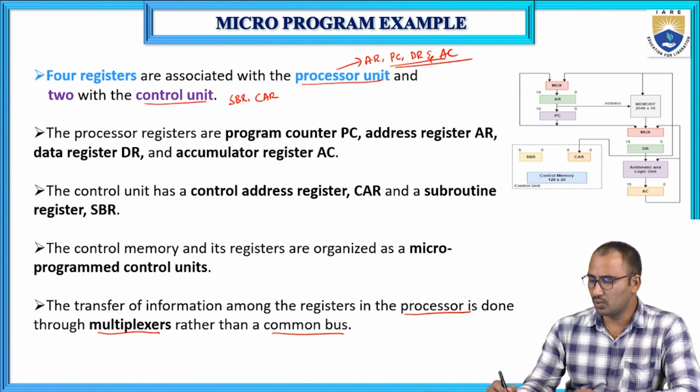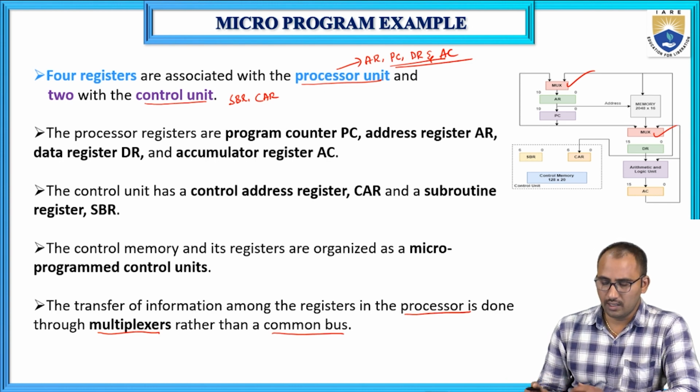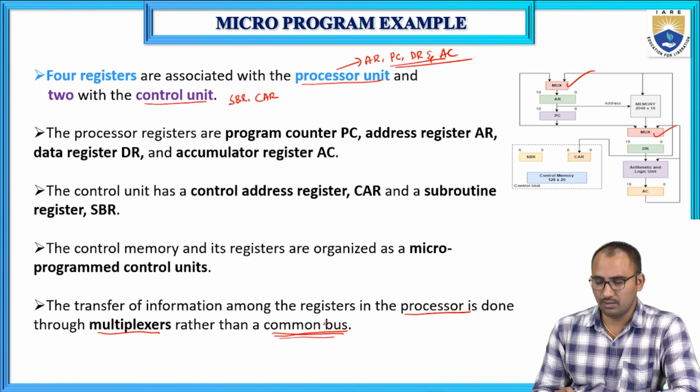We are using 2 types of multiplexer, this is one and this is 2. We are not using any common bus system, because the common bus system requires a larger number of connecting wires. That's why we are not using the common bus, and we are using multiplexers.